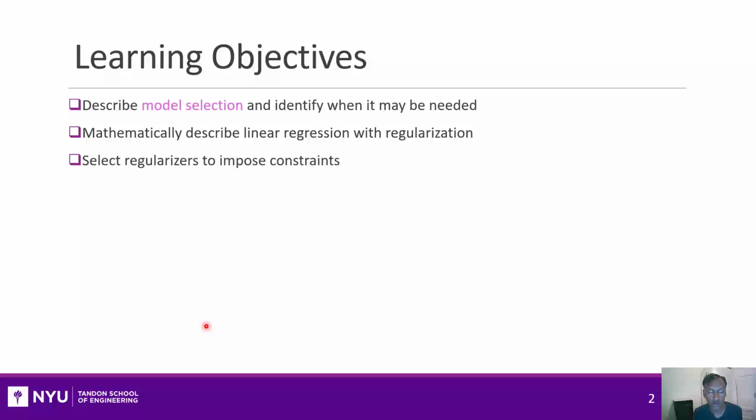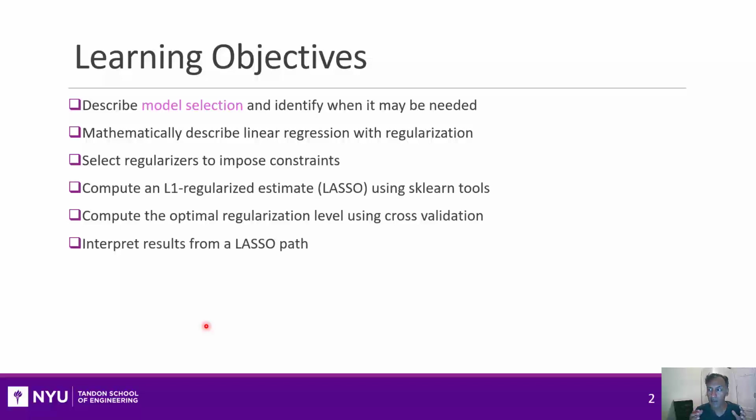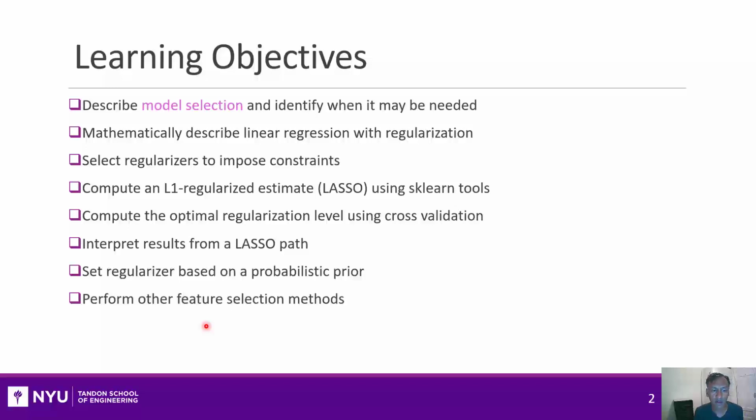We're going to show you how to pick regularizers, do some of the basic mathematics or operations for fitting with regularization using some Python tools, and then I'll do a little bit of a probabilistic interpretation and show you some other feature selection methods as well.